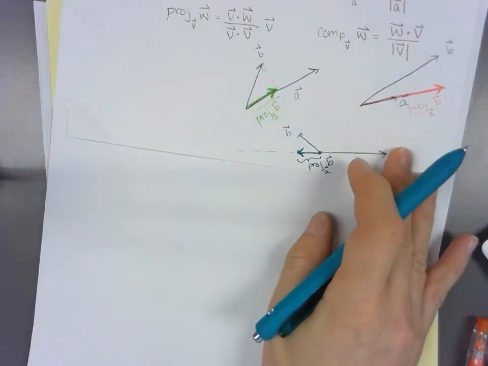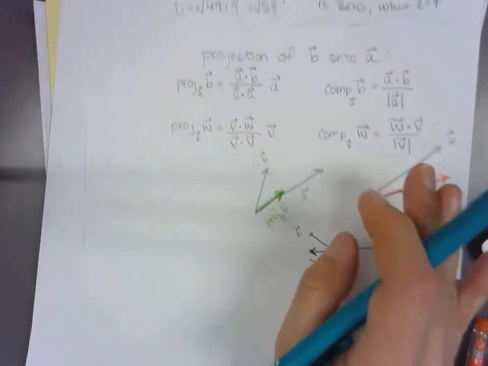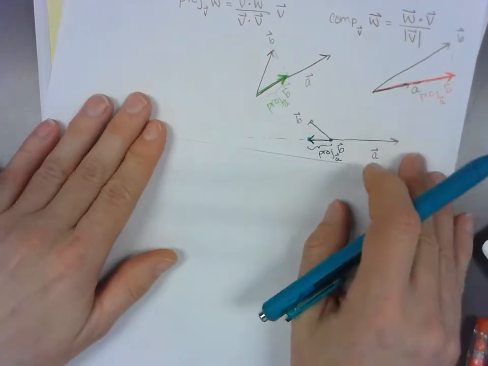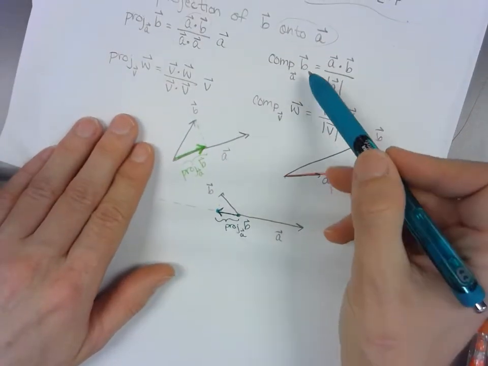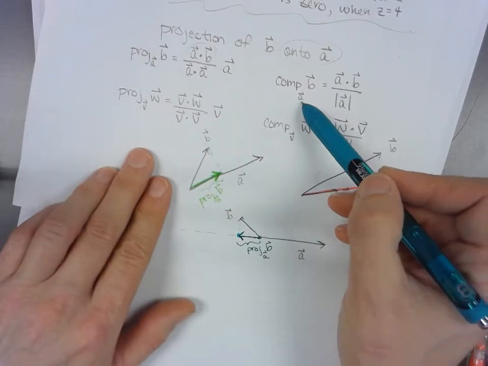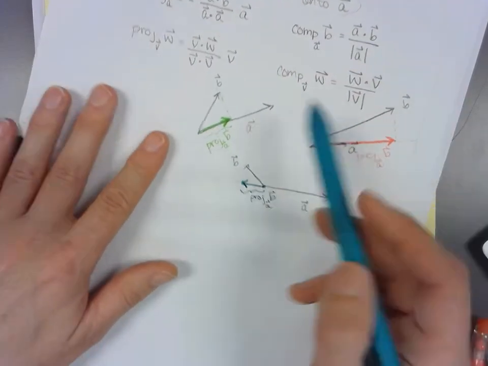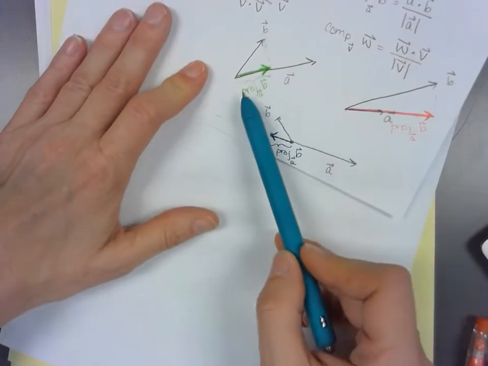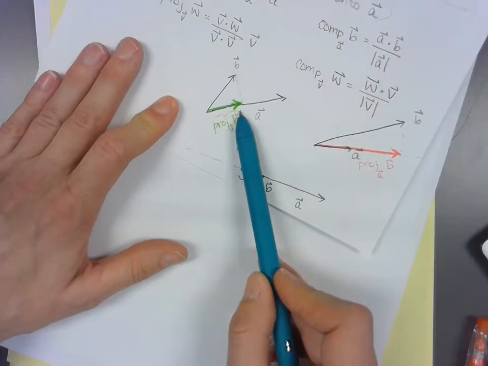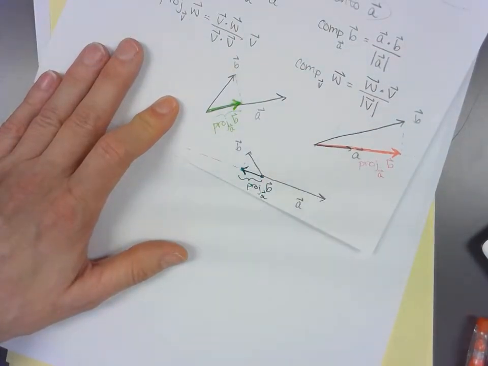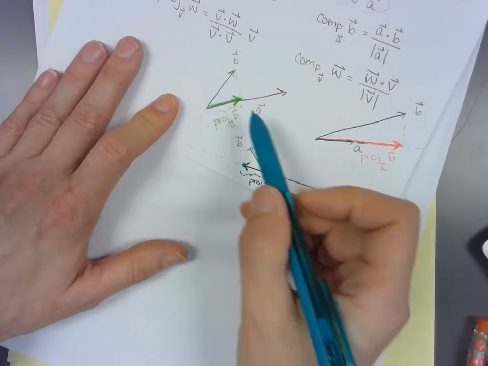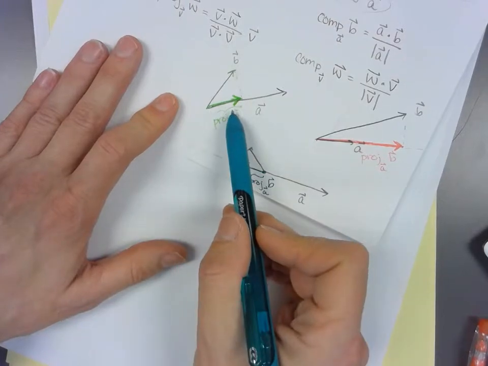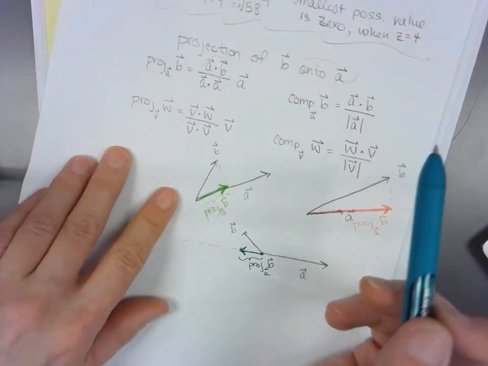Does that help? So the component of B onto A is the green, and then what do we do? No, this right here, that's the projection. The projection is the whole vector. The component is just the length. So it's however long the green vector is. It's not the green vector. The component should be one number.